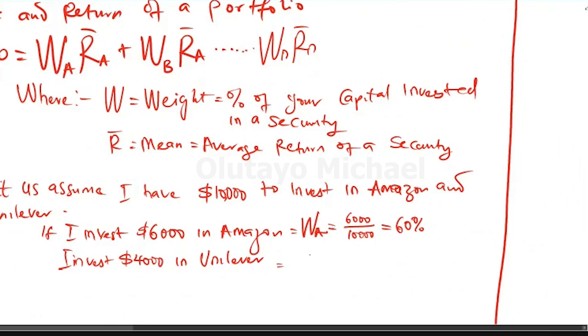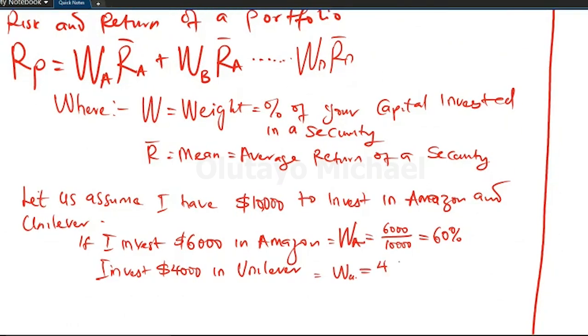And my weight in Unilever is 4,000 divided by 10,000, and that gives me 40%. So 60% is my weight on A, and 40% is my weight on U, which is Unilever.